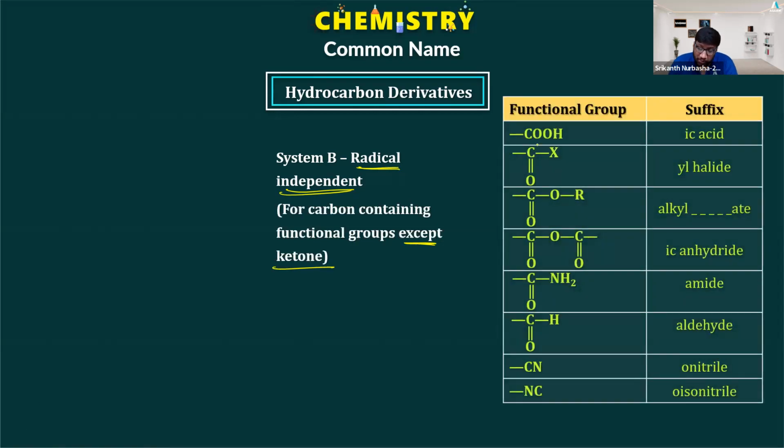These are acids, acyl halides, esters, amides, aldehydes, cyanides and isocyanides. You can write nitrile, isonitrile. For acid, the suffix is ic acid; for acyl halide, acyl halide; for ester, alkyl ate; ic anhydride; amide; aldehyde; nitrile and isonitrile. So this is the way of naming your radical independent hydrocarbon derivatives.